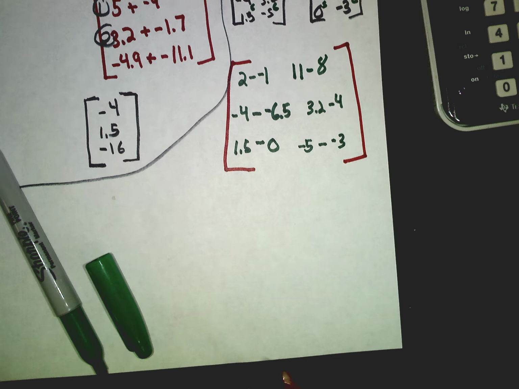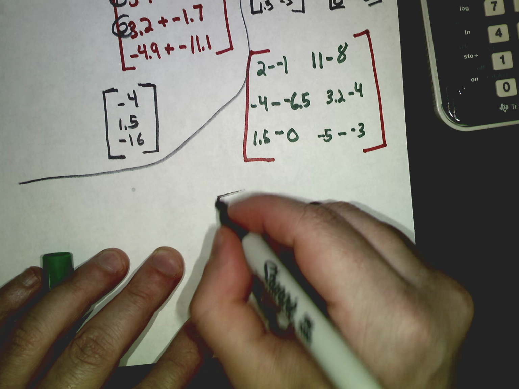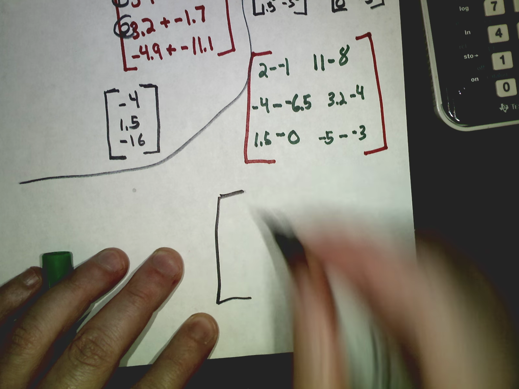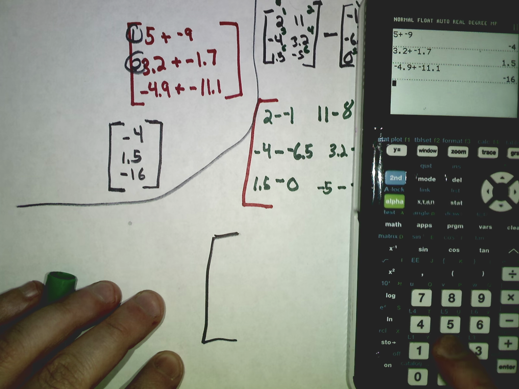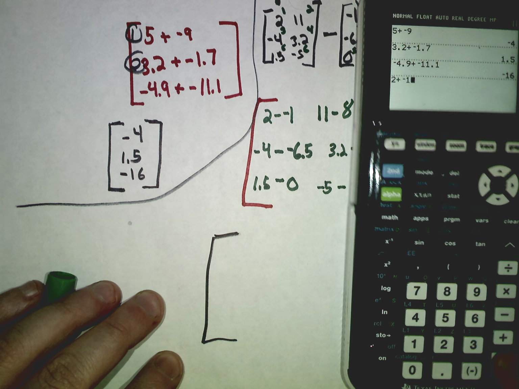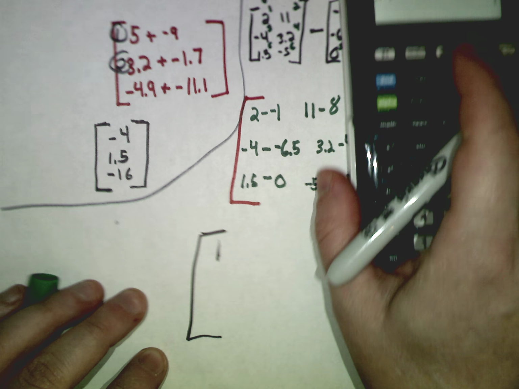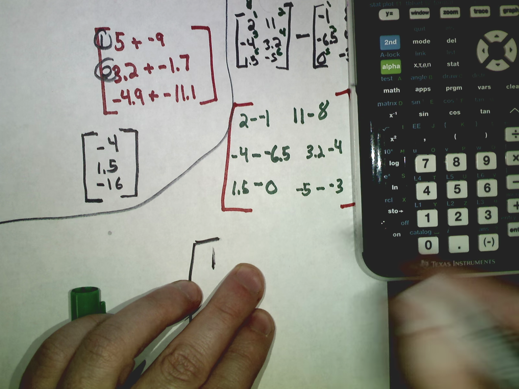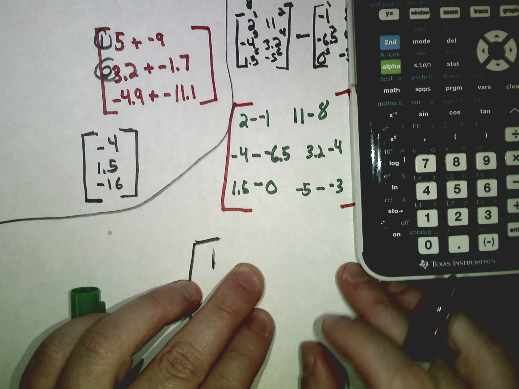And now we just start doing the addition and subtraction. Okay, so I make a new matrix, and this is going to be my final matrix. This is going to be where all the answers are. 2 minus a negative 1 is 1. That's position 1. In position 2 over here, I will have 11 minus 8, which is 3.